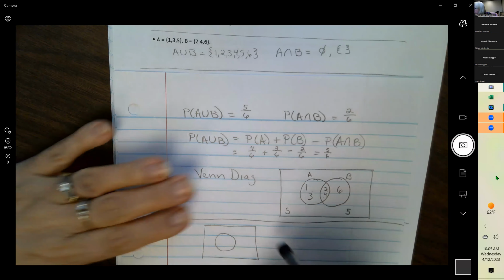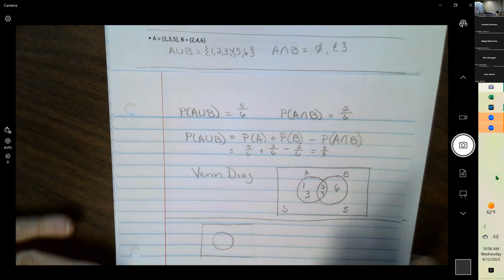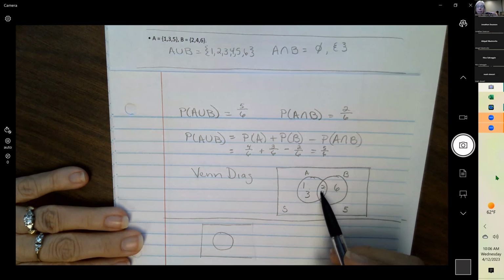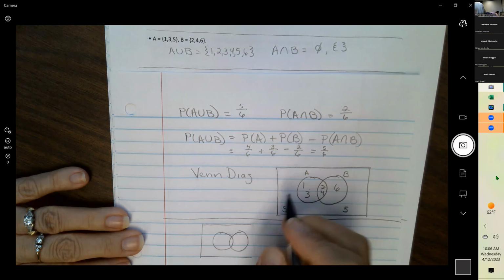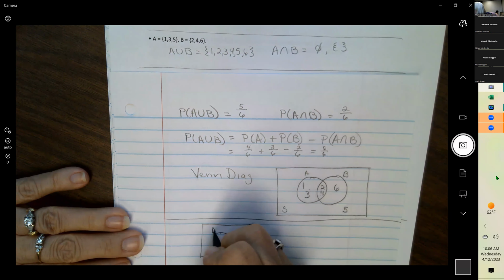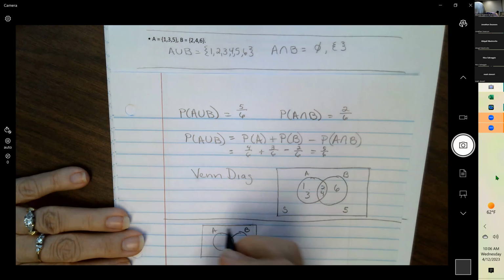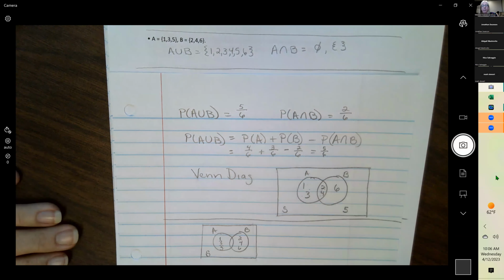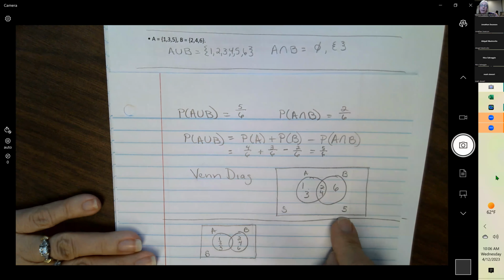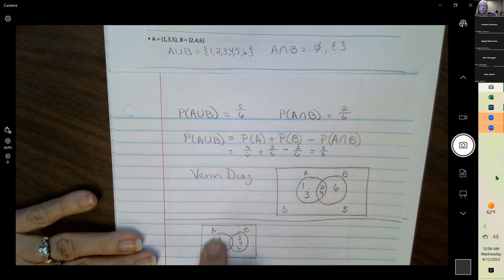Well, this one, they have nothing in common. So if you do overlap them, there would be nothing written in this spot. Because A is 1, 3, and 5. And B is 2, 4, 6. Which takes up all of our numbers. So unlike this one having a 5 out here, they are all included in here. But this doesn't have any overlap.